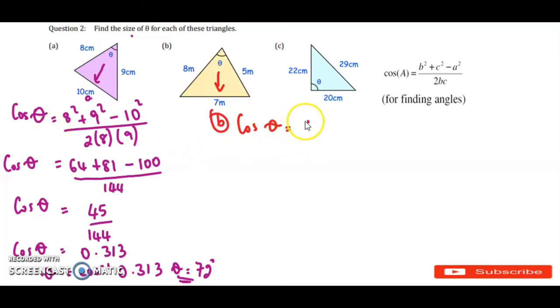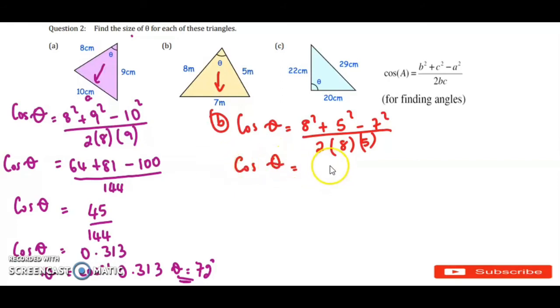So here we're going to have 8 squared plus 5 squared minus 7 squared, divided by 2 times 8 times 5. So again, get your calculator and start working. 8 squared is 64, plus 5 squared is 25, and 7 squared is 49. You're going to multiply 2 times 8 times 5, and you get 80.